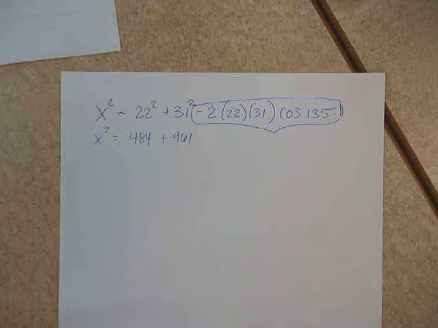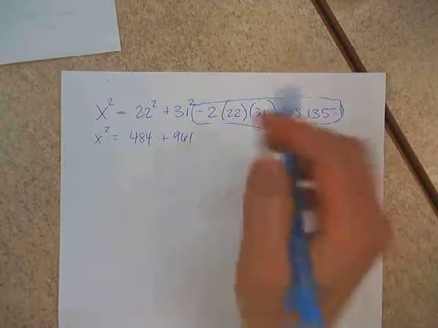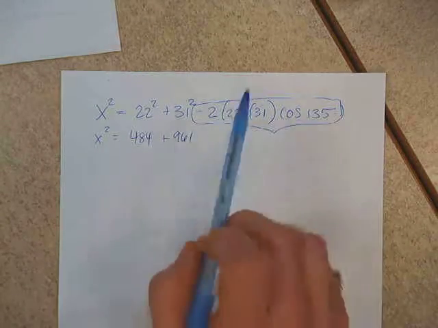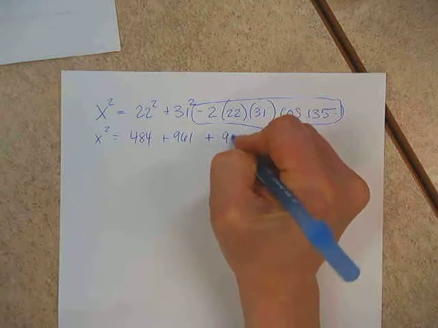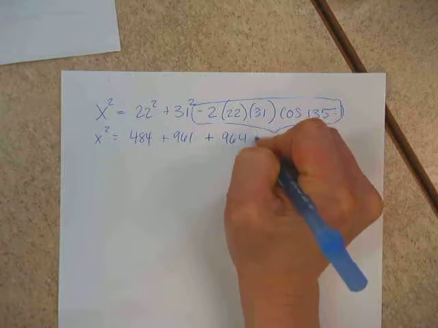Keep it all in your calculator. So if you put that all in, what do you get? 964.494. Okay. And that is positive if you included that negative, so we're going to add it.